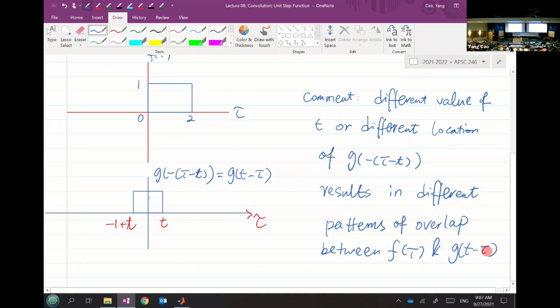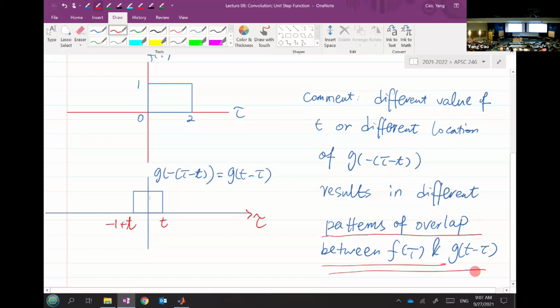So this is the key. Sometimes you have to manipulate a little bit in order to figure out all the different patterns of overlap between these two graphs.